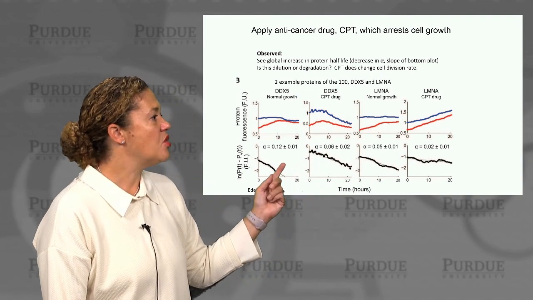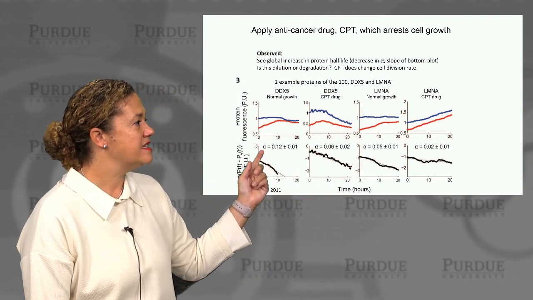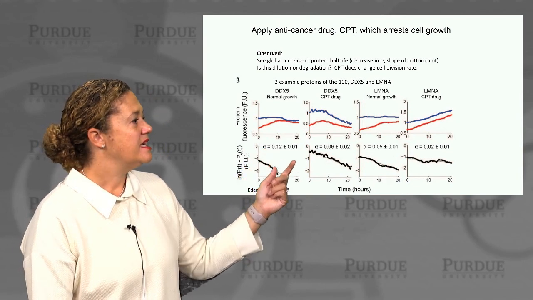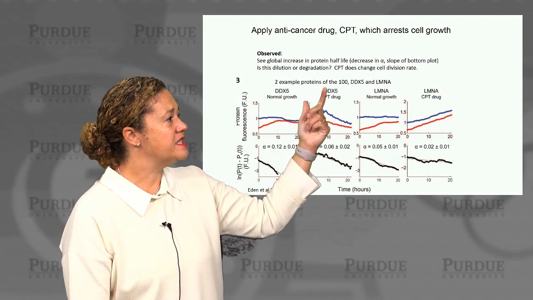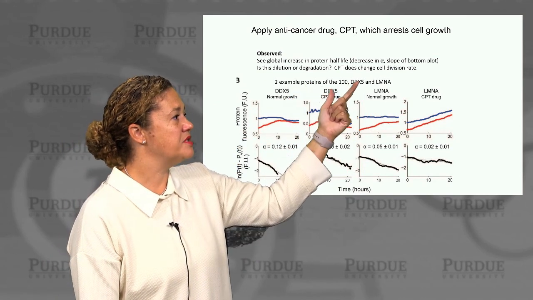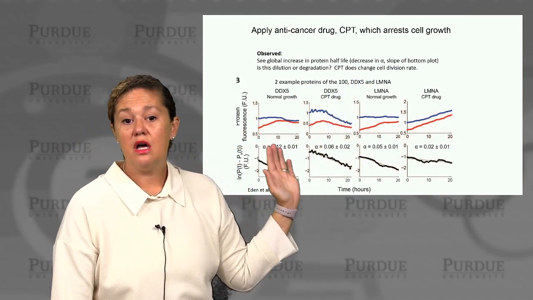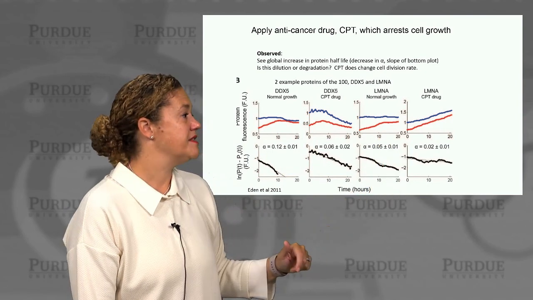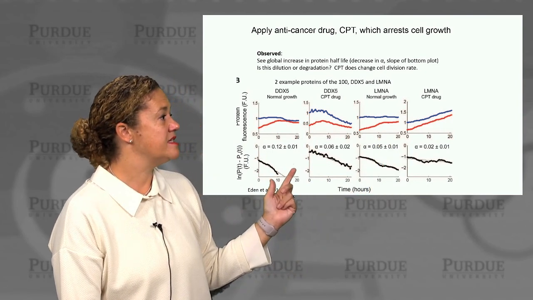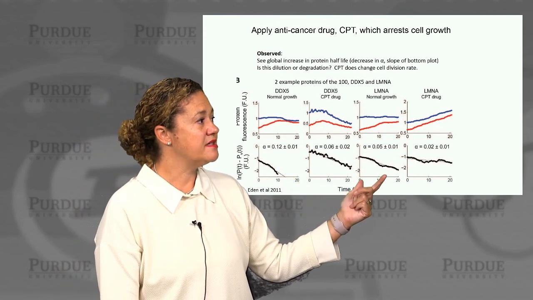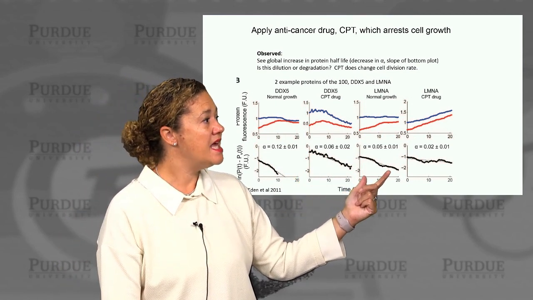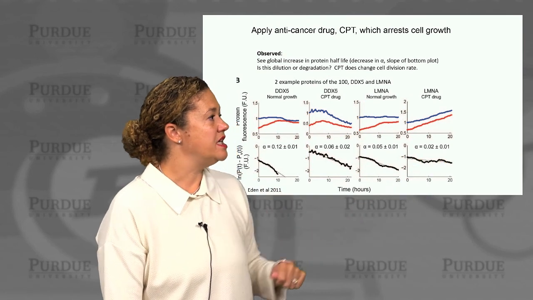And what they see here is a decrease in the decay rate alpha. And they saw this global decrease in the protein half-lives of a wide range of proteins that they looked at. In 2 examples, you can see this in DDX5, the alpha is decreased. For another protein example here, LMNA is also decreased.